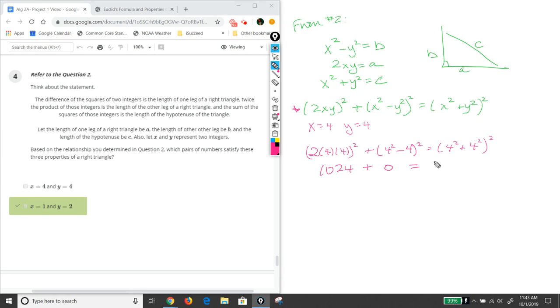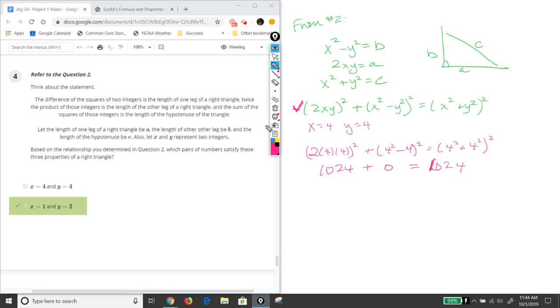Does that actually equal 16 plus 16, which is 32? Right? 16 plus 16 is 32. And then square that. So does that work? Yes, it does work here. So I got a check mark here for this guy.